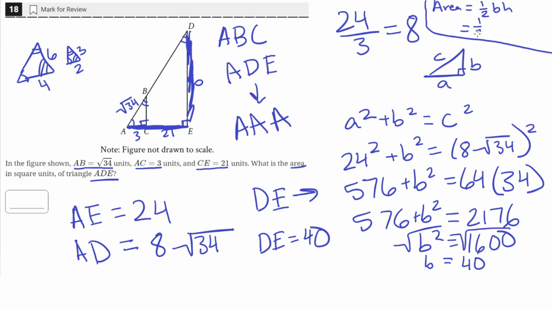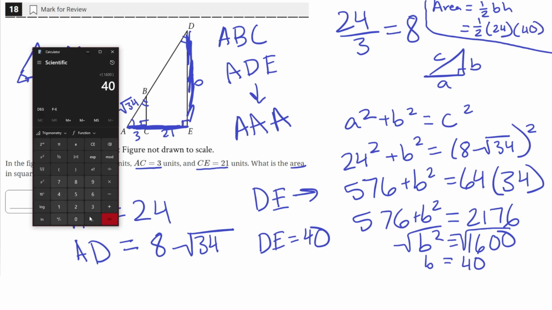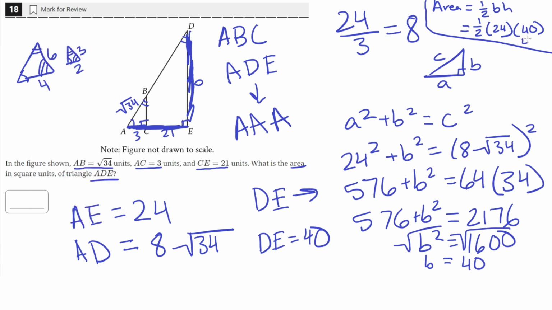So we'll just do 1/2 times 24, which is the length of this side, times the height, which is DE, which we solved for, which is 40. And we can just put that in our calculator. 0.5 times 24 times 40. So the area is 480 square units.